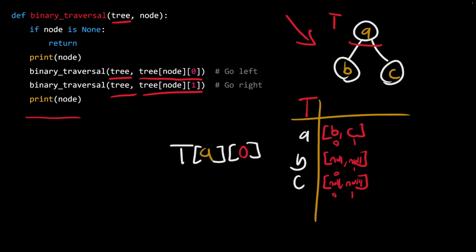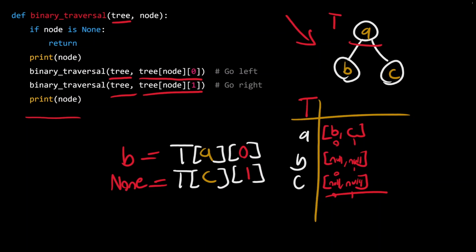And if we grabbed this entry T, C, 1, this would be equal to B, and C would be equal to null. Or in our case, what we're going to see is going to be none. So there's nothing there. It's none.